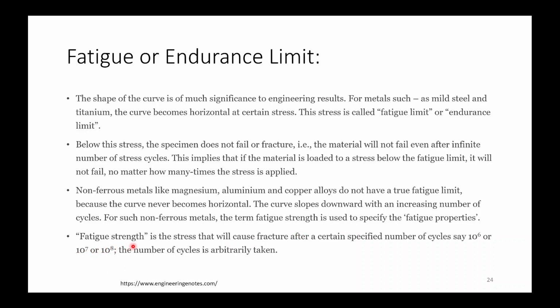Fatigue strength is the stress that will cause fracture after a certain specified number of cycles, for example 10 to the power 6, 10 to the power 7, or 10 to the power 8. The number of cycles is arbitrarily taken, and it should be stated at what number of cycles you have chosen your fatigue strength.